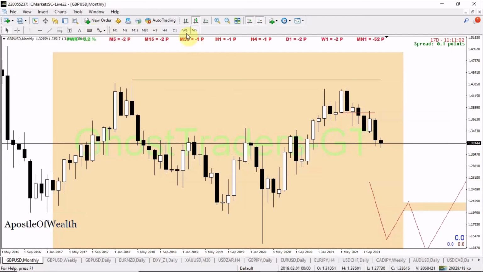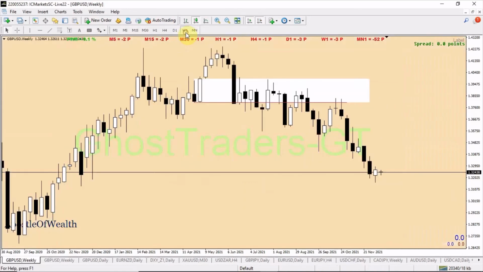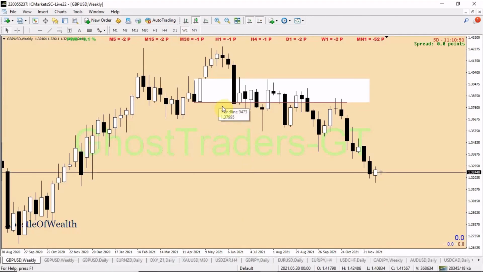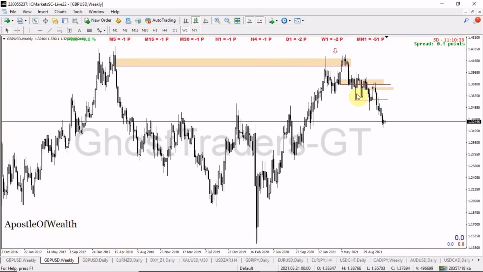Let me just switch to weekly, but let me just put this, just taking 50% of that area, and then we go to a smaller time frame, so you get to see what we have in a smaller time frame. So as I was talking previously, I said this is the low that was being violated. It's the same thing. So you get to see this is the same area that I was showing you here.